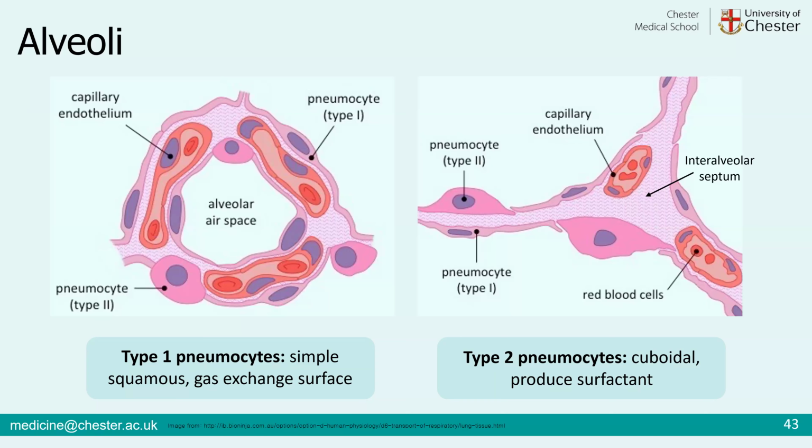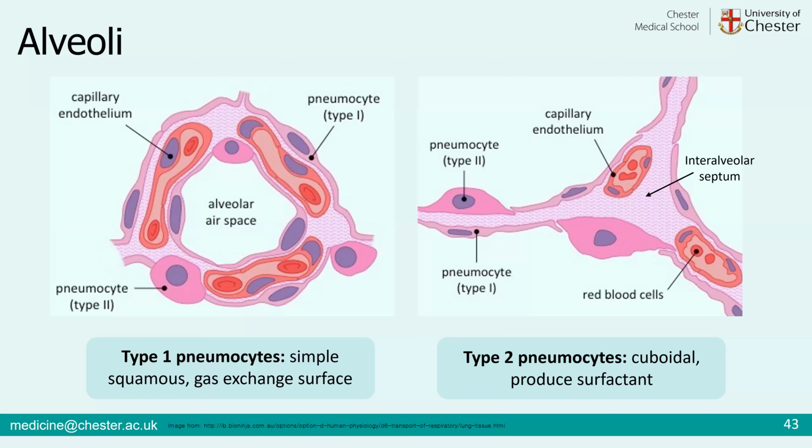The type 1 pneumocytes account for around 40% of the pneumocytes in the alveoli, but they comprise about 90% of the surface area because they're long, big, flattened out cells. So even though there's less of them, they comprise more of that wall structure.